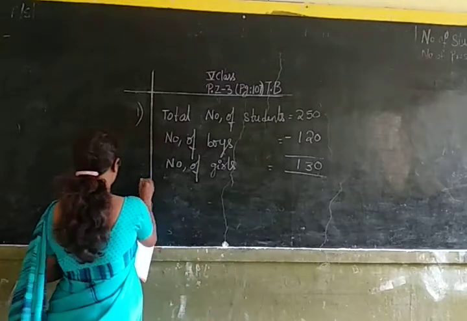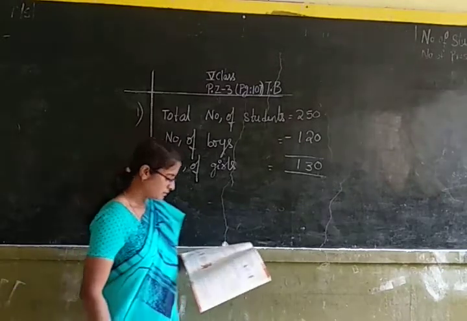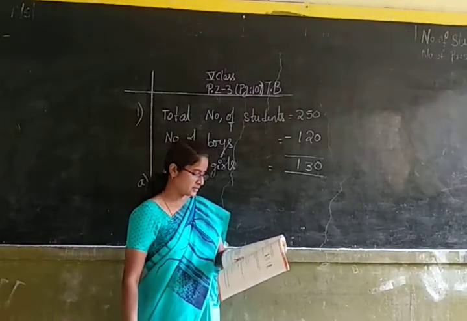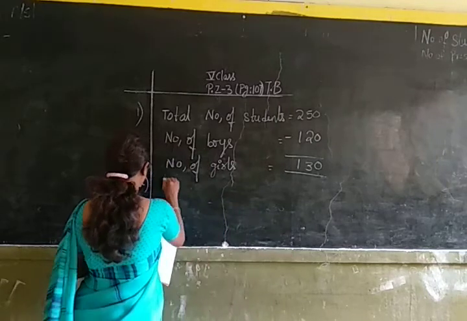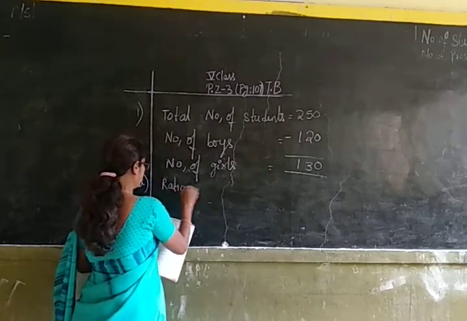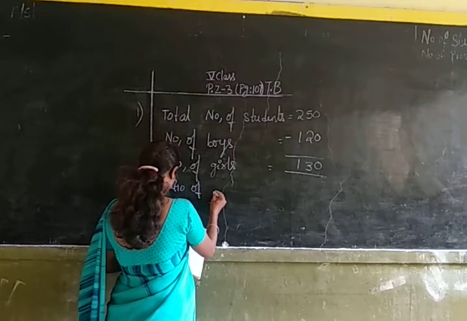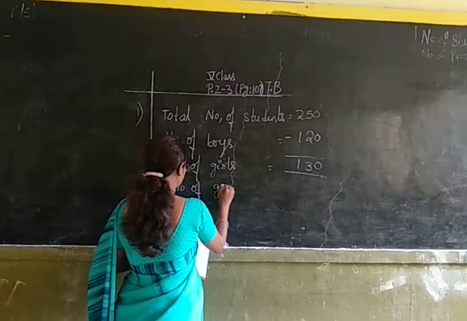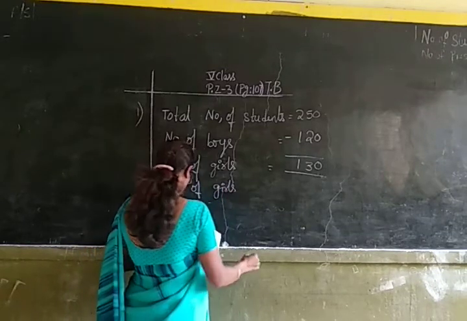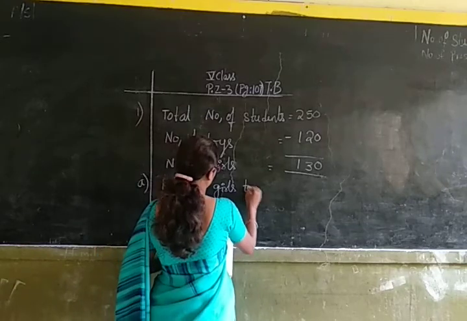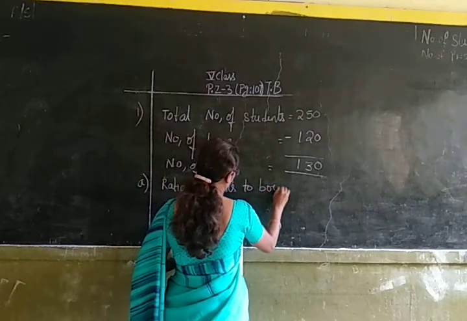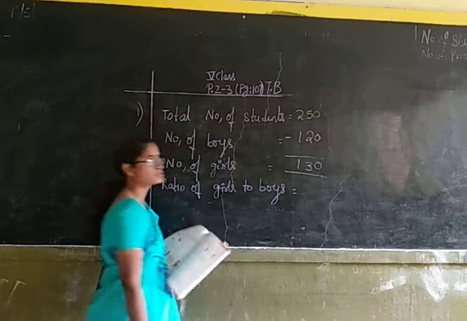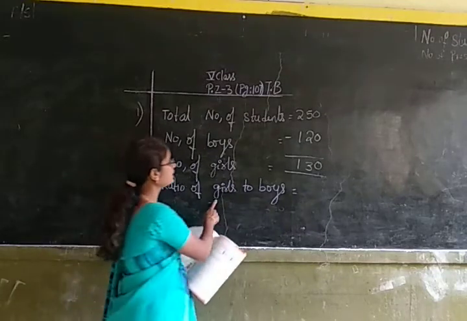So the first question is the number of girls to the number of boys. Ratio of girls to boys. How many girls are there?